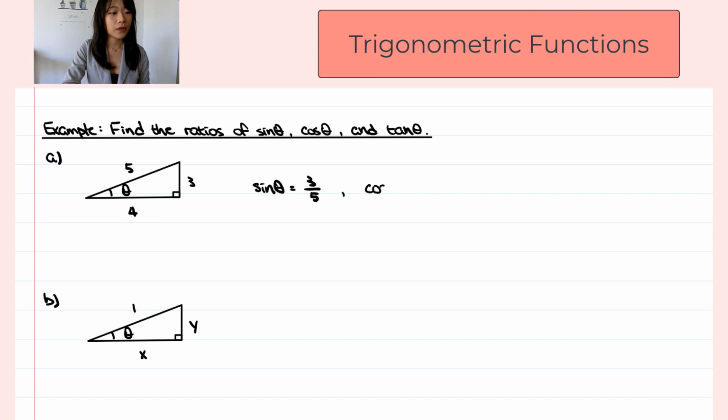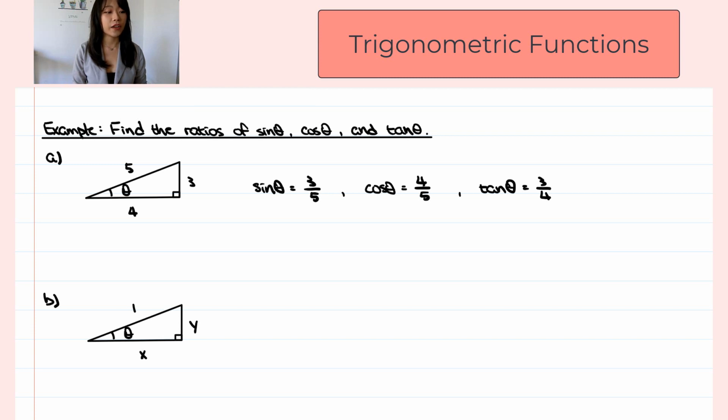And cosine theta, it would be adjacent divided by hypotenuse, so its ratio is 4 over 5. And lastly, tangent theta, its ratio is opposite divided by adjacent, so tangent theta equals to 3 over 4.